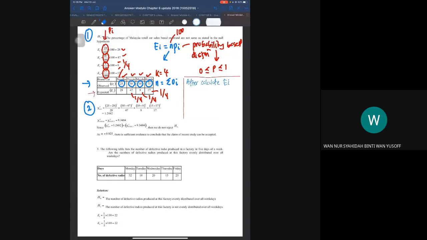In theory, the expected frequency, the E here, must be at least 5. After you ensure that all the E are greater than 5, then you can proceed to the chi-square.